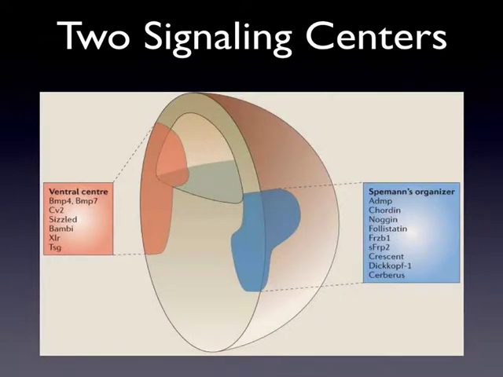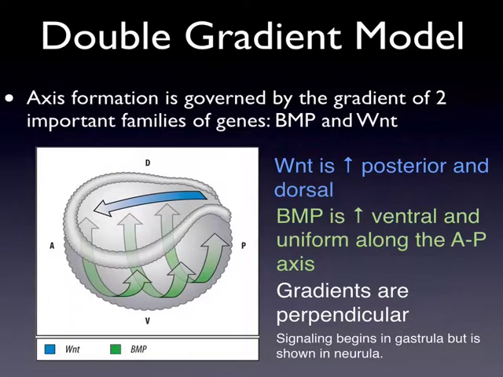The two signaling centers is the source, the ventral source of BMPs versus the dorsal source of BMP inhibitors. The double gradient model has to do with Wnt and BMPs. All right, so we're going to focus on the double gradient model. I can guarantee you I'm not going to ask you a test question on the two signaling center idea. I'm just giving that to you because I think it's kind of interesting.